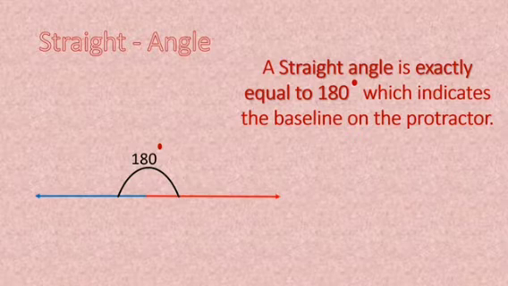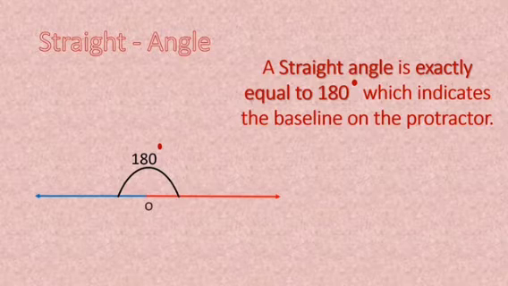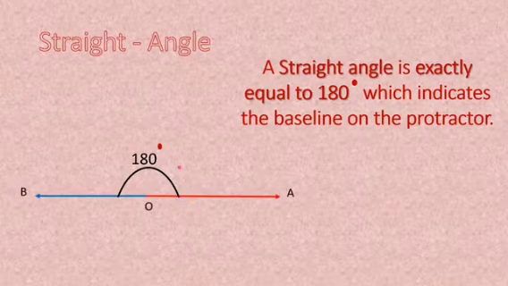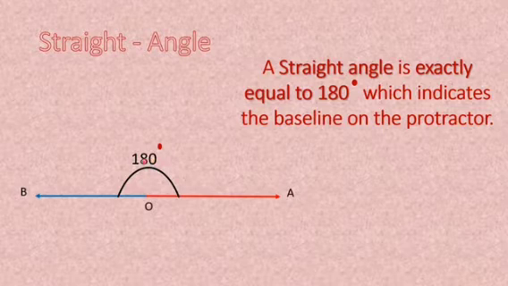So this is the actual position of the angle or the ray. From this position, it has traveled almost 180 degrees to have the position B here. So from here, it has traveled through acute angle, 90 degrees, then obtuse angle. Now it has reached 180 degrees.